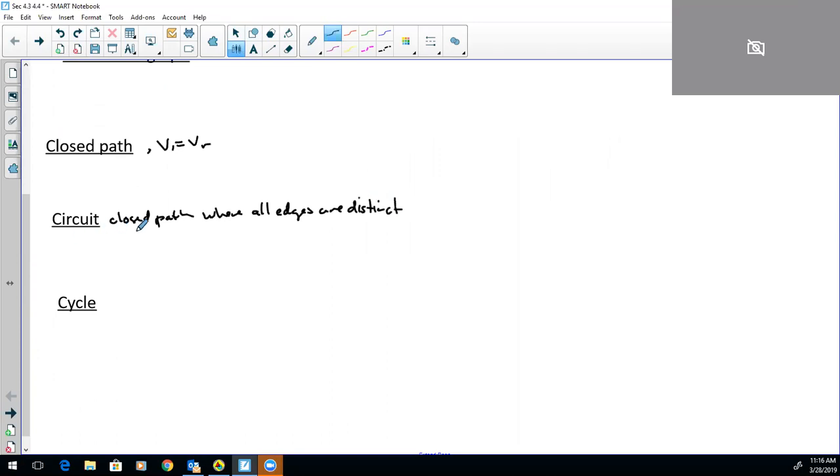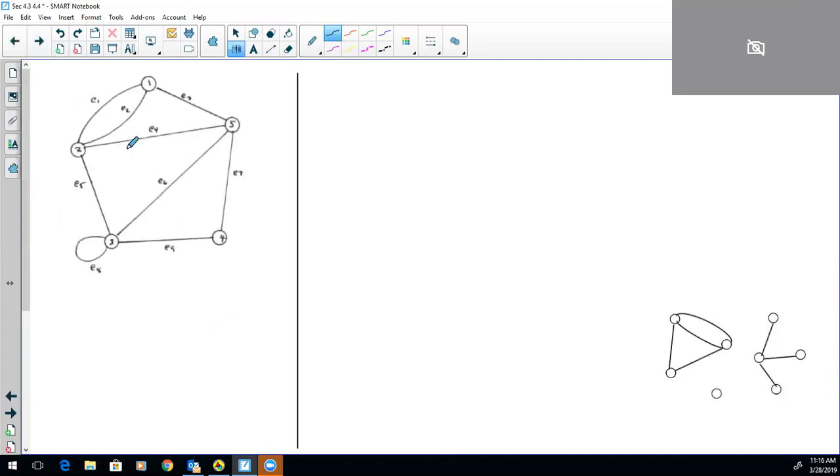It doesn't matter which direction, you're not going to use it twice. Okay. A cycle is a circuit. So it's a closed path where all the edges are distinct, but not only that, it's a circuit where all the vertices are distinct as well. So not only do you not travel over the same path twice, you don't find yourself in the same vertex twice. So let's do an example here.